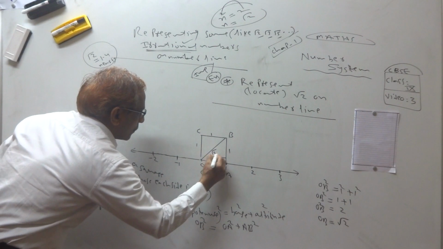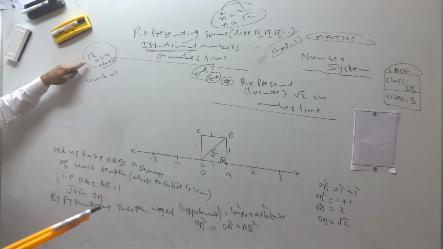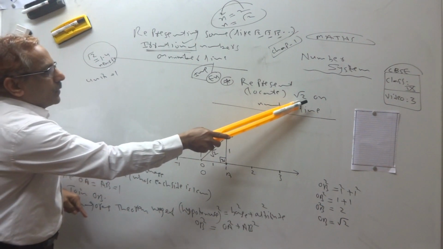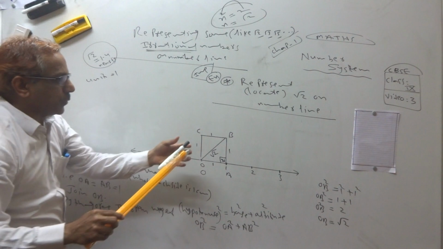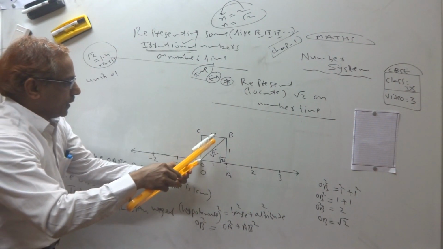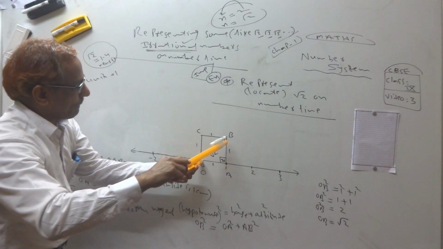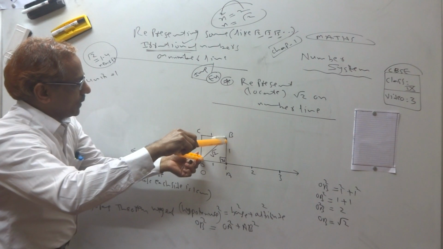We got root 2. Now how do we represent this on the number line? I told you at the start that the value of root 2 is nearly 1.4. So now you should use a compass.